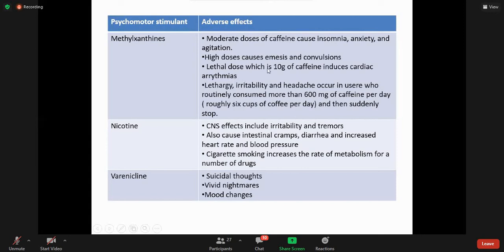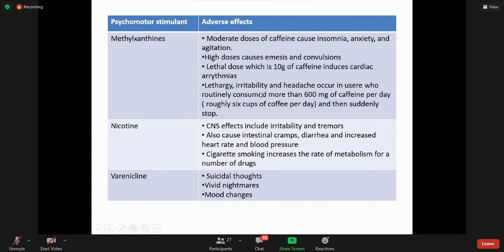You know, 10 grams of caffeine means a person would have to take 100 cups of coffee, which is not possible, right? So I think this is sure, that person is not going to take 100 cups of coffee, which is a lethal dose, and that can cause death due to cardiac arrhythmia.